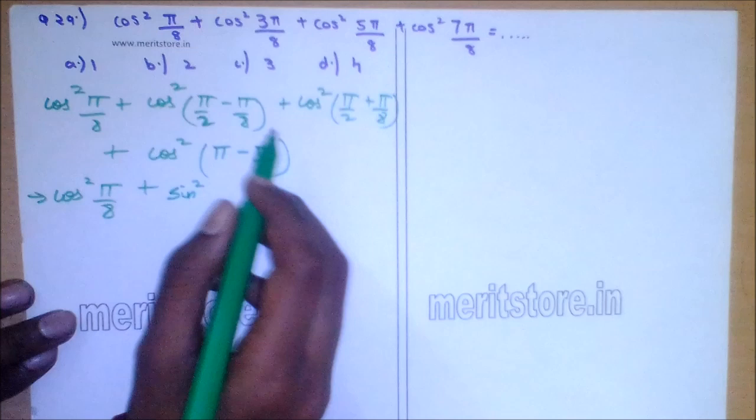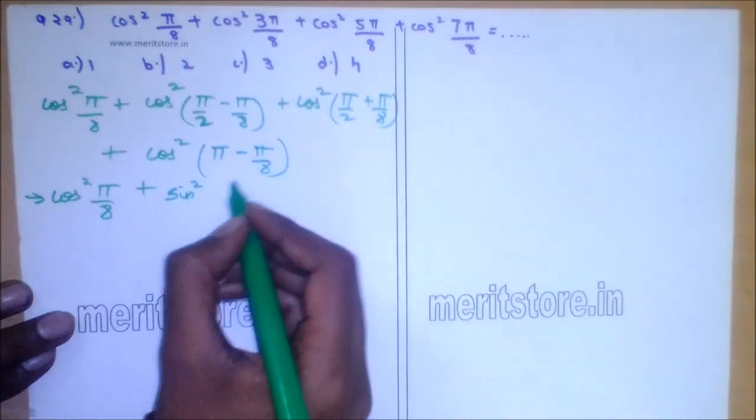and 7 pi by 8 can be written as pi minus pi by 8. We are doing this so that we get each and every trigonometric term in terms of pi by 8. So first term remains the same, cos square pi by 8. Cos square of pi by 2 minus pi by 8 is sin square pi by 8, since cos of pi by 2 minus theta is sin theta.